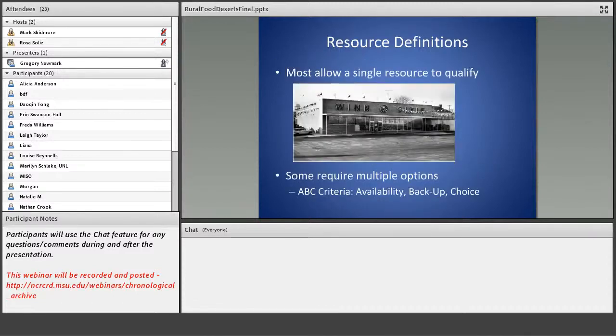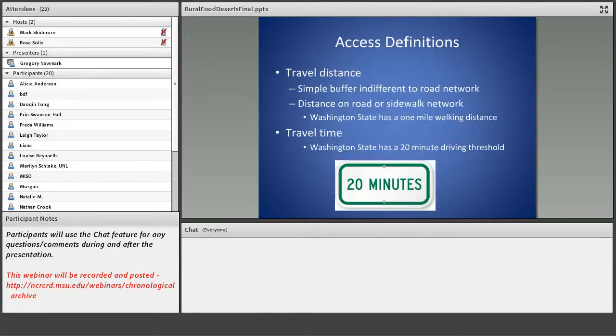So I'm going to speed up slightly. Most definitions allow a single resource to qualify. If there's just one store, you're no longer living in a food desert. Some require multiple options, and I really like this ABC criteria that we've seen, which is there needs to be availability, there needs to be backup, and there needs to be some choice.